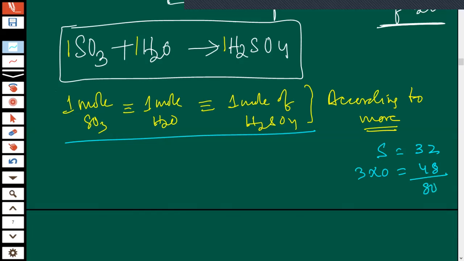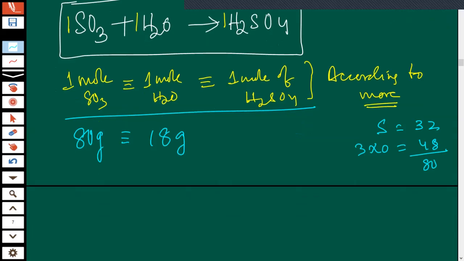How much is it? 80. So the molar weight of sulfur trioxide is 80 gram. So 80 gram of SO3 will react with 1 mole of water, which is 18 gram. Did you understand, children?